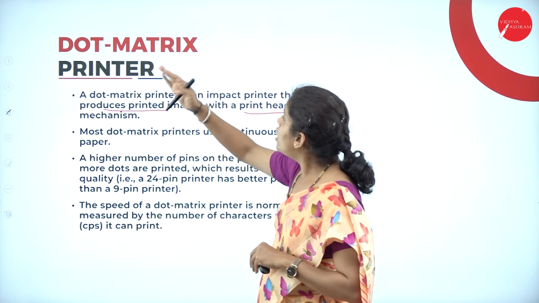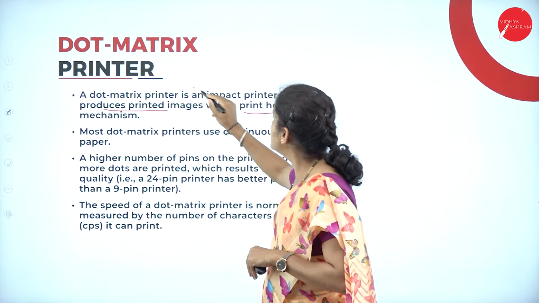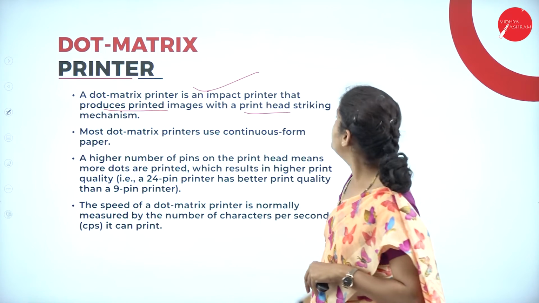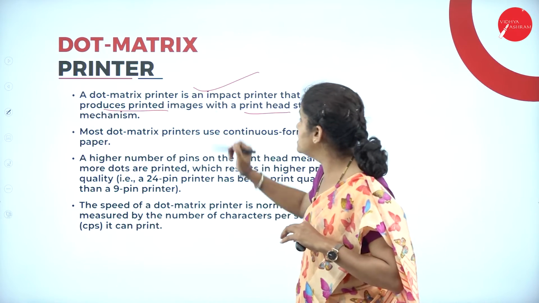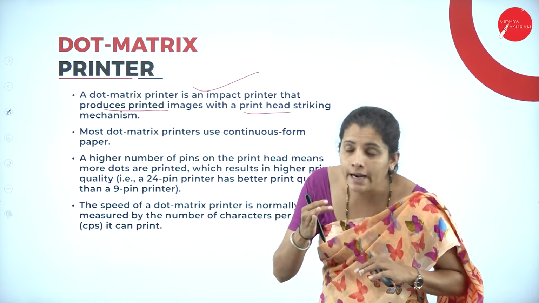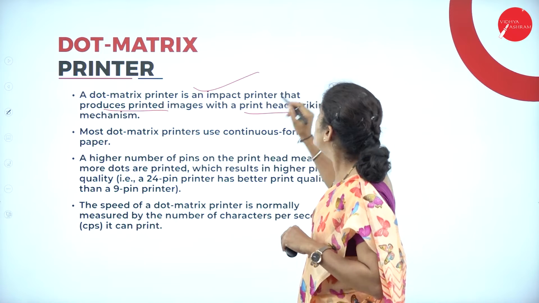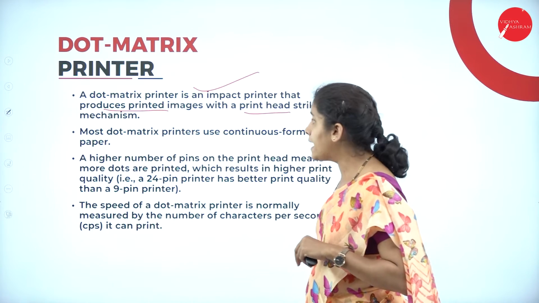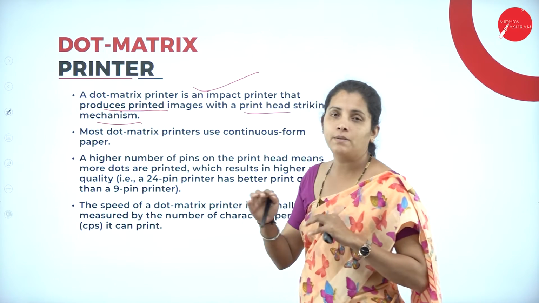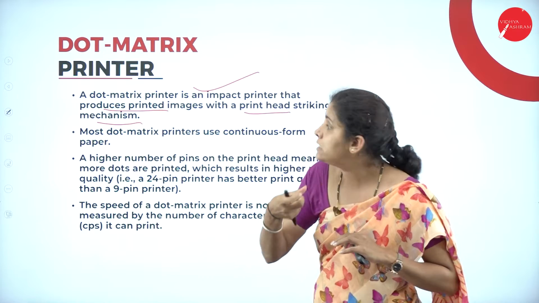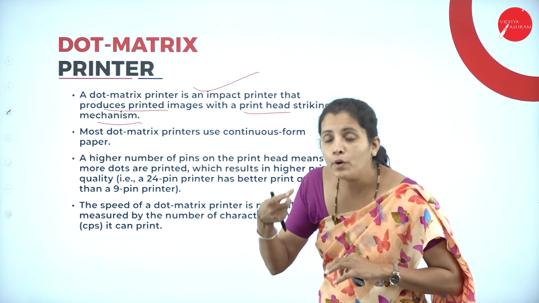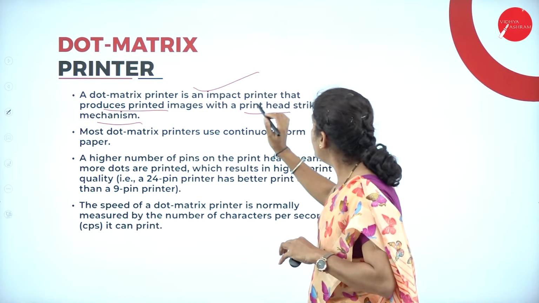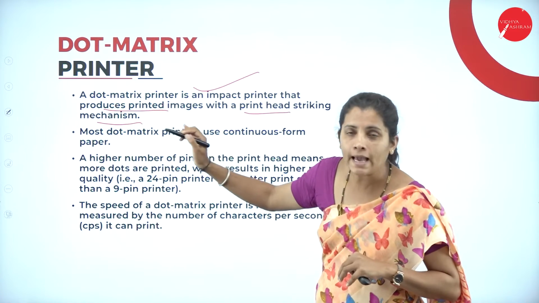So here the dot matrix printer is an impact printer that produces printed images with a print head striking mechanism. That means the characters or images are produced by the print head striking mechanism.